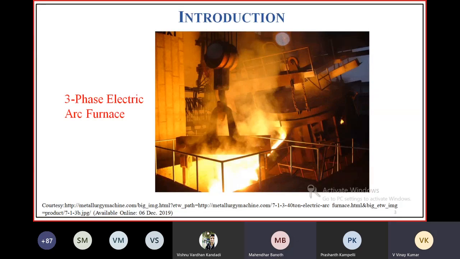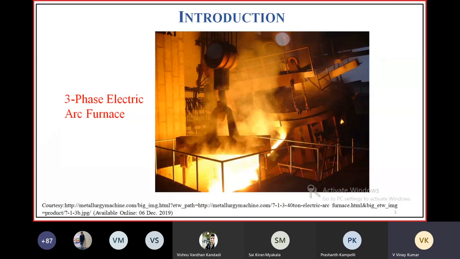So, coming to the introduction. We have plenty of applications of three-phase system. We are generating three-phase voltage, though of course we utilize single-phase voltage as well. Here we can see one of the applications, the three-phase electric arc furnace.